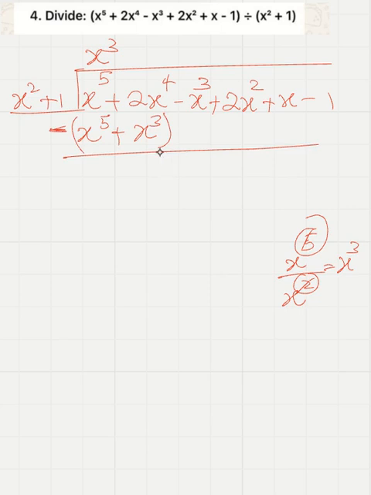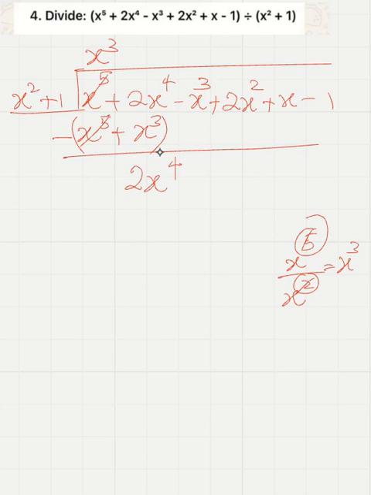In subtracting these expressions, remember we are subtracting or adding like terms. So x to the power of 5 minus x to the power of 5 is 0. 2x to the power of 4 does not have a like term here, so I'm going to bring it down. Then since x cube and x cube are like terms, I'm going to add those two together.